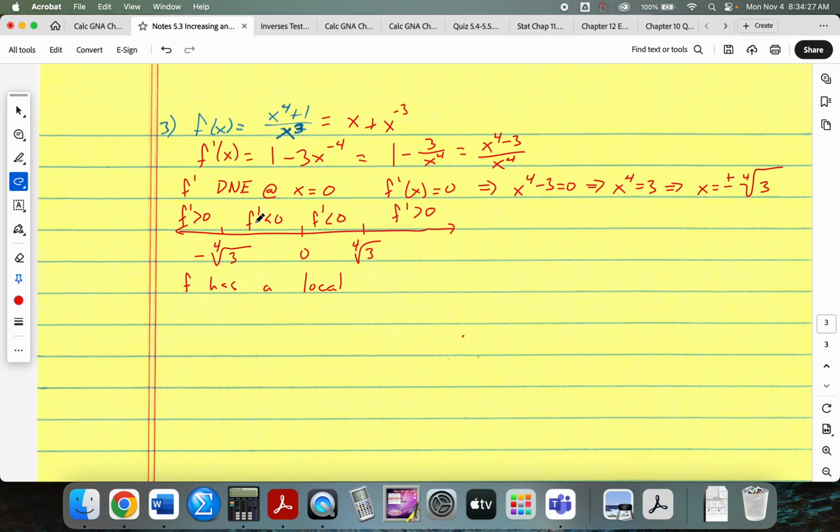And then it's decreasing. So we have a local maximum at x equals negative 4th root of 3. And f has a local minimum at x equals positive 4th root of 3.